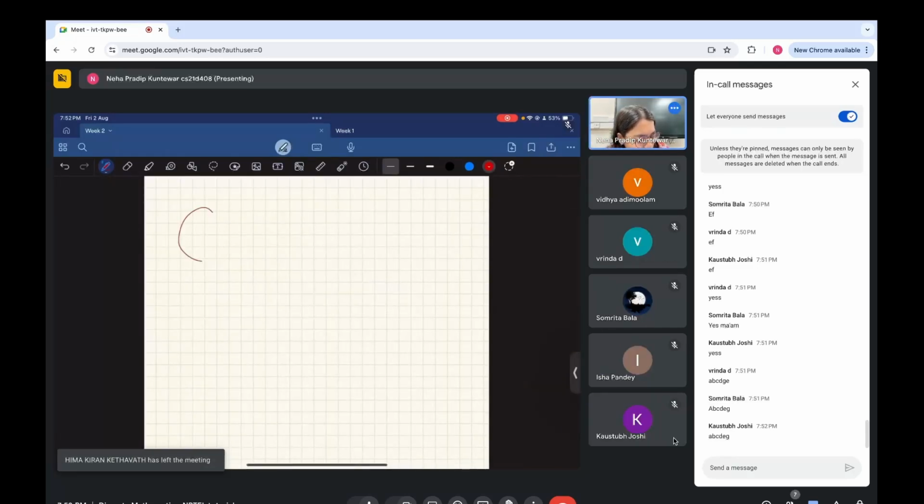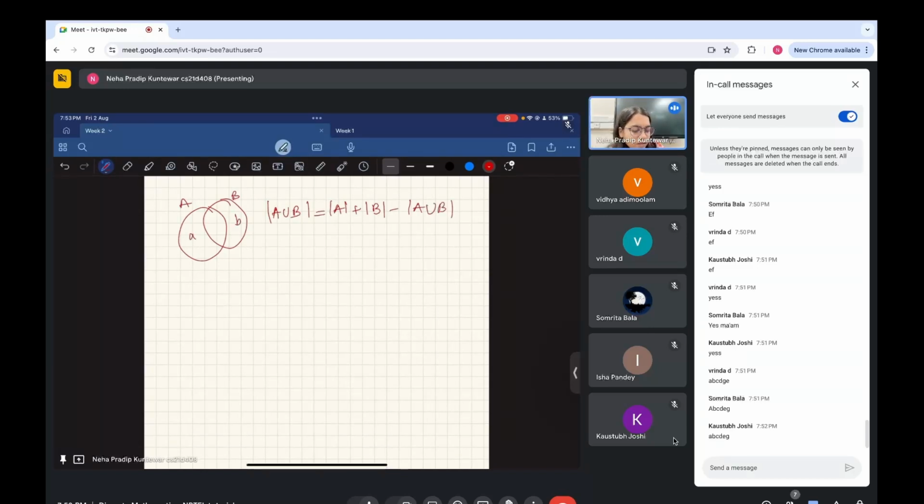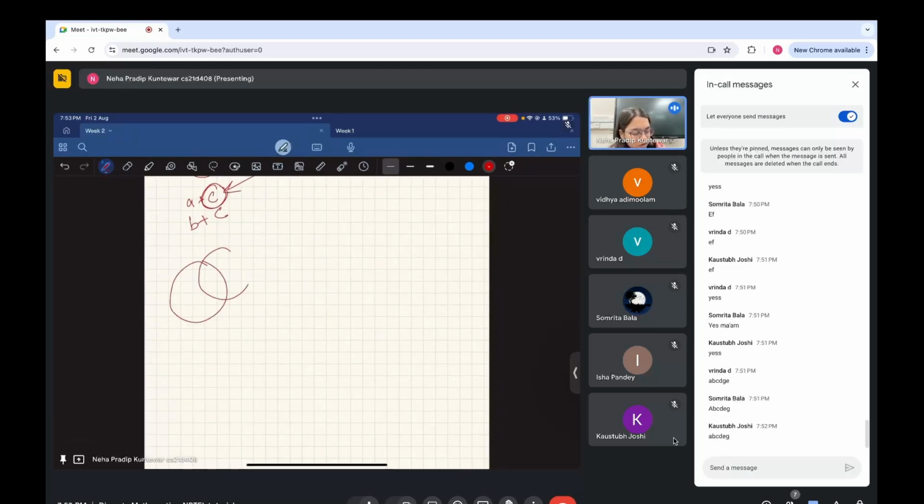If you look at it, this is exactly what we did in the previous formula. So A union B is, if you simply add A and B, then you get A plus C. If you add B plus B, then you get B plus C. And therefore, since you're overcounting the intersection once, you have to subtract it.